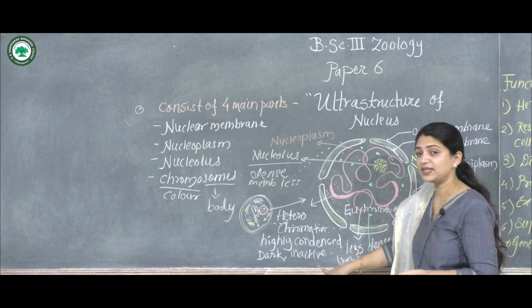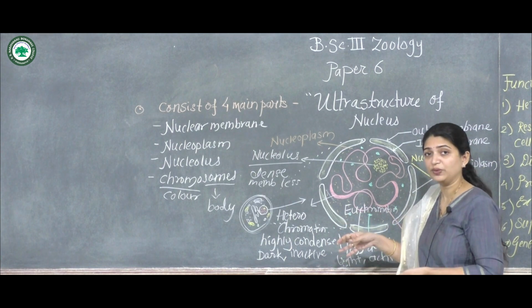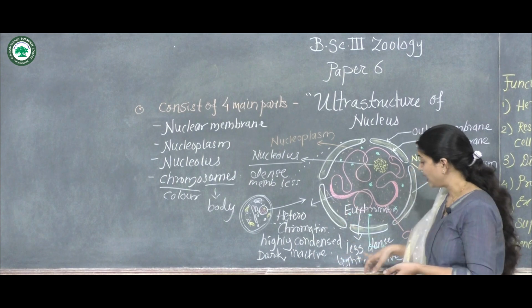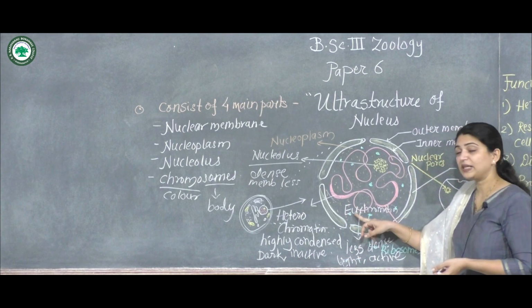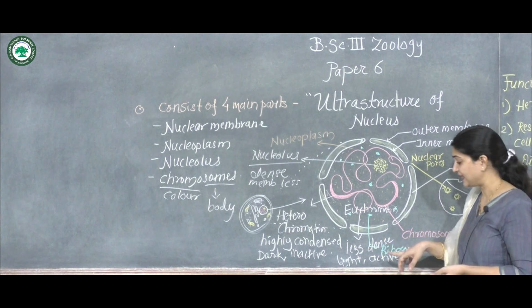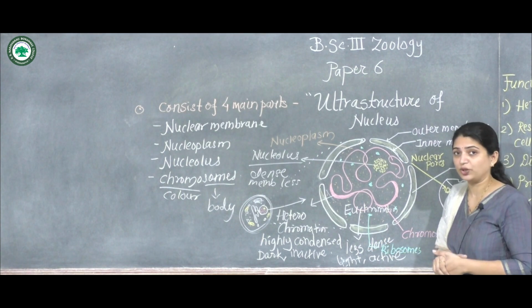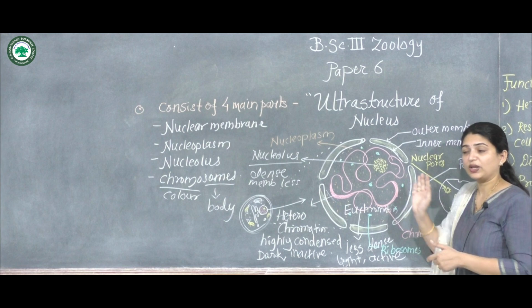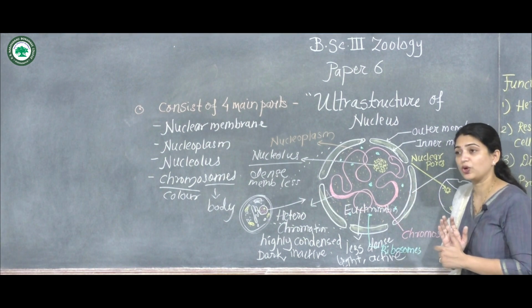So it is called transcriptionally inactive, which does not form any product. On the other side, euchromatin is lightly stained, less dense and transcriptionally active. So all these things are present in the chromosomes.